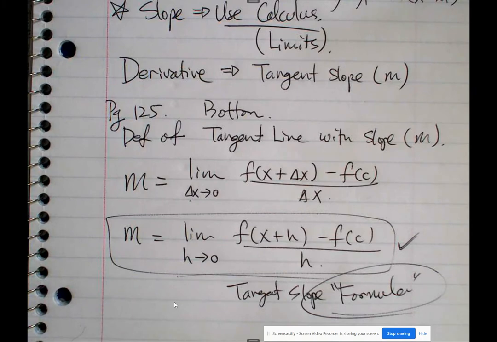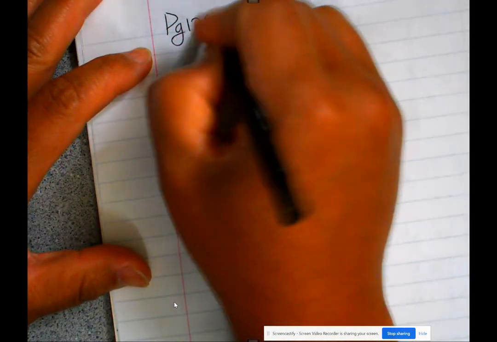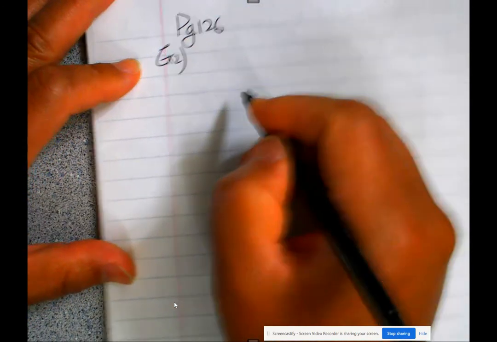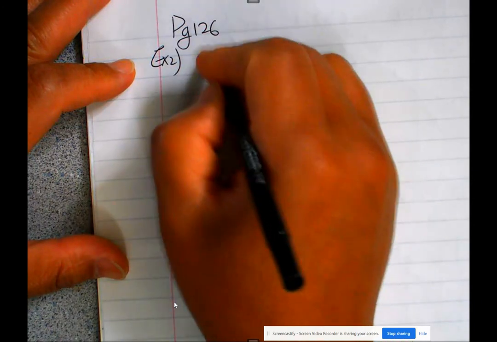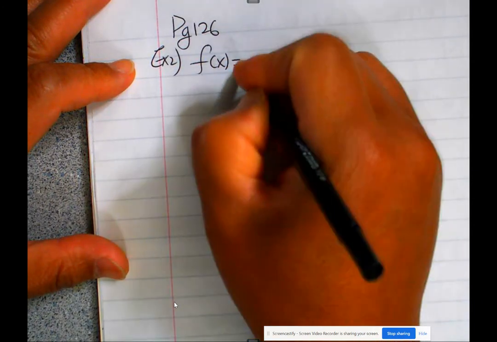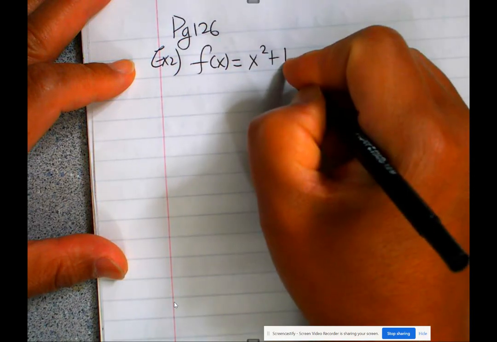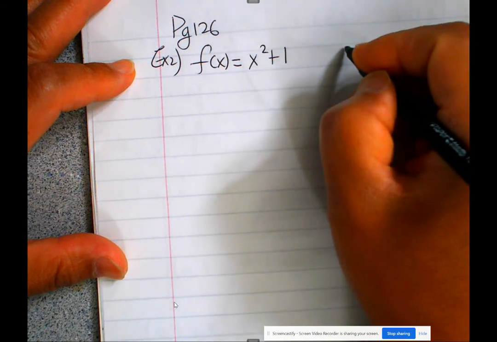We're going to turn to example 2 on page 126. This is page 126, example 2. Alright, this one says you have f of x function, x squared plus 1, and we want to find the tangent line.